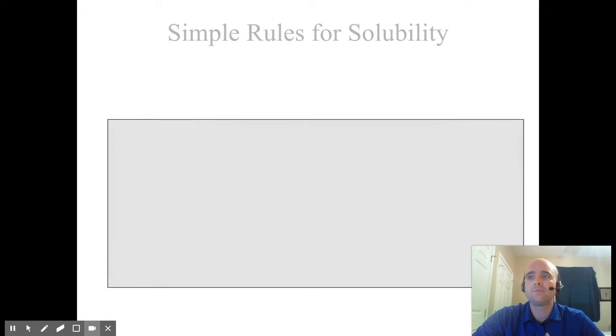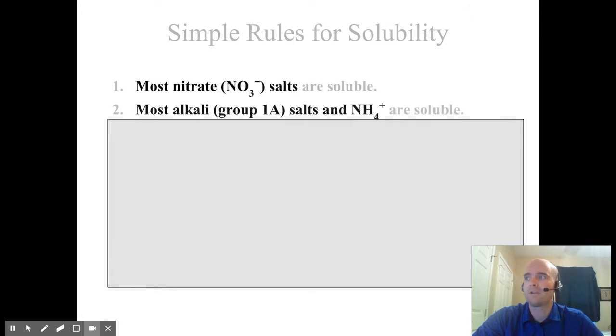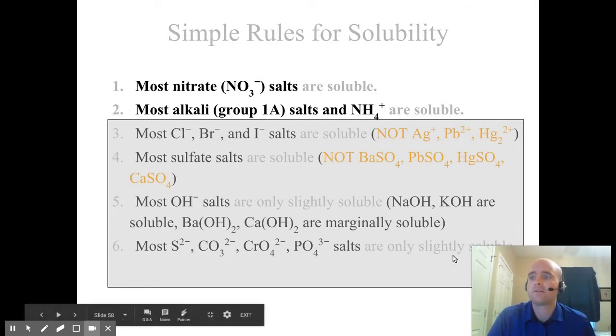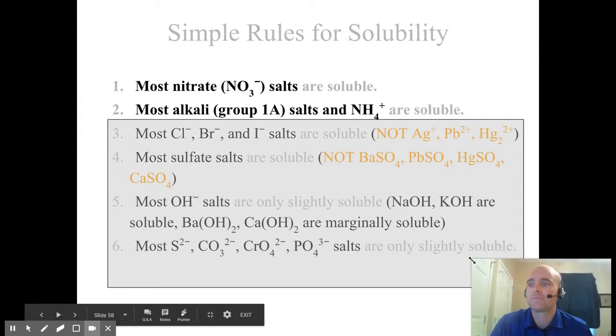So the solubility rules: the first 2 are easy to memorize and easy to pick up on. The very good rules of thumb are that all nitrates are soluble and that alkali metals and ammonium are soluble. Now there are other rules listed here, and these rules are on the back of the blue periodic table in my classroom, so they are available for reference.